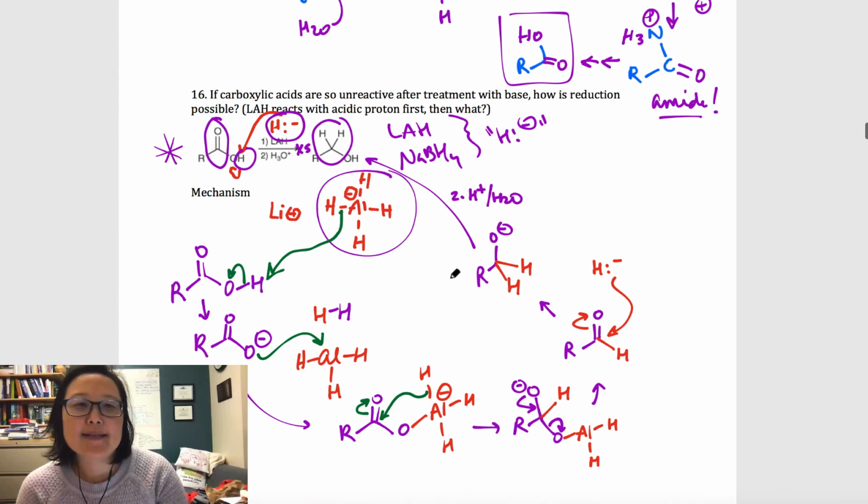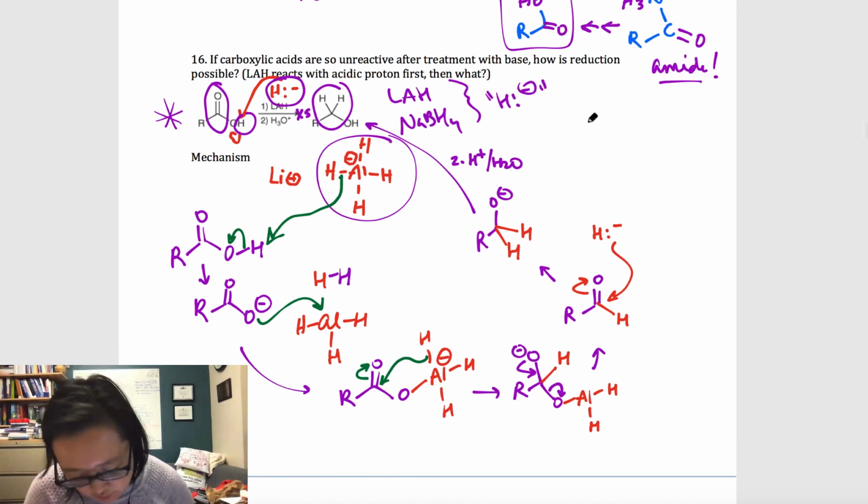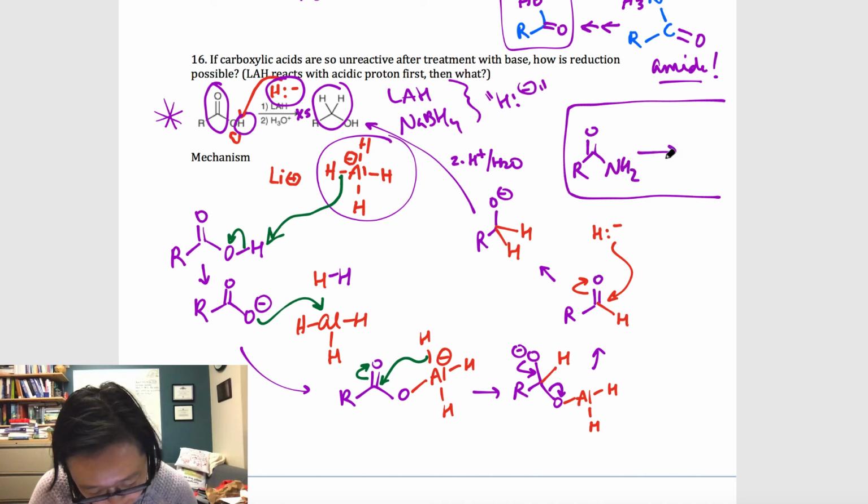All right. Whew. As a challenge, you guys can do the same thing with amides. Okay, so let me draw sort of an example of that. You can have an amide, which is a nitrogen group. It could be R groups or H groups.